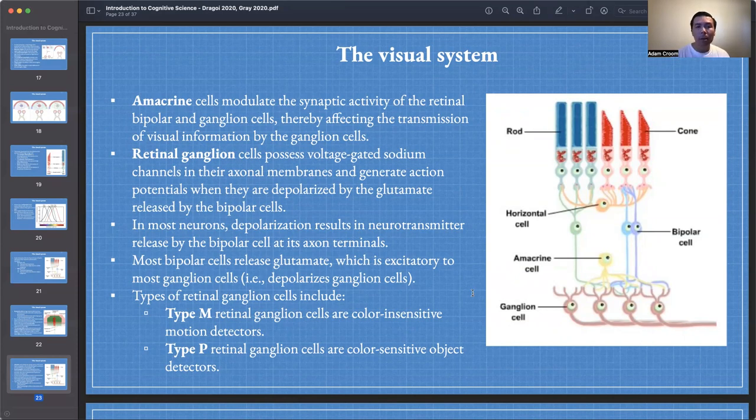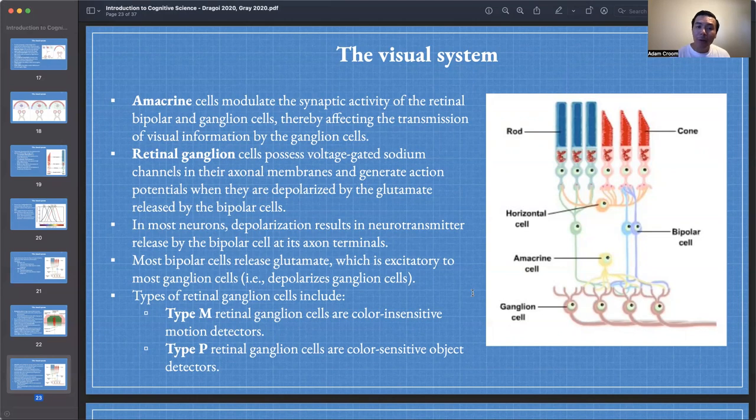In most neurons, depolarization results in neurotransmitter release by the bipolar cell at its axon terminals. Most bipolar cells release glutamate, which is excitatory to most ganglion cells.